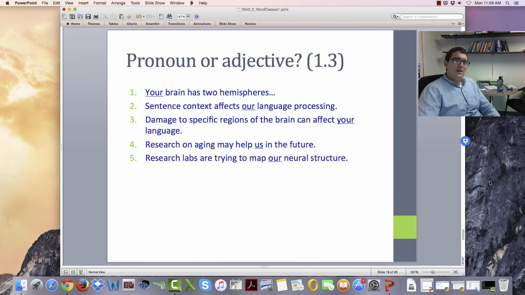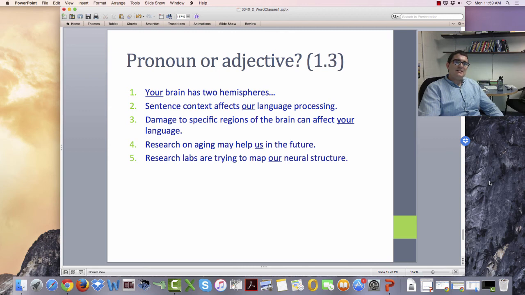So in 1.3, are these pronouns or adjectives? These can be a little tricky. So let's talk about these together. Your brain, which brain, your brain. So your is helping us know which brain. So in number 1, that is an adjective. In number 2, our processing, right?